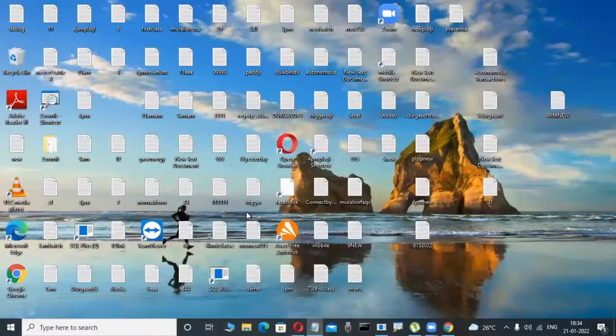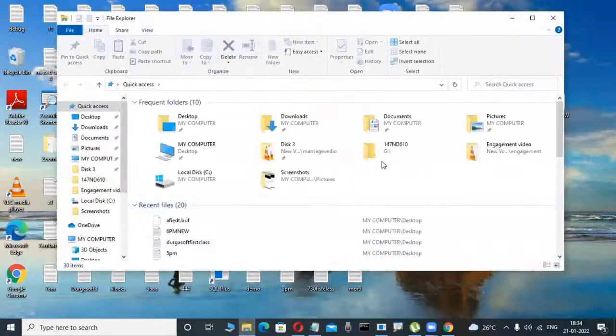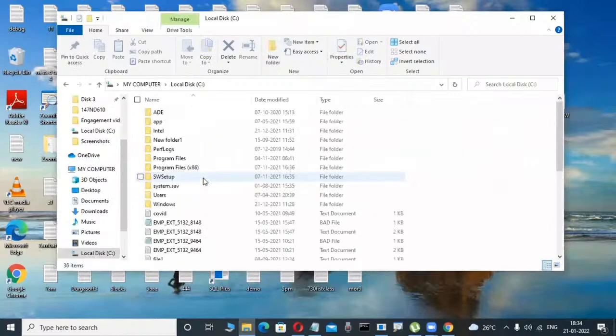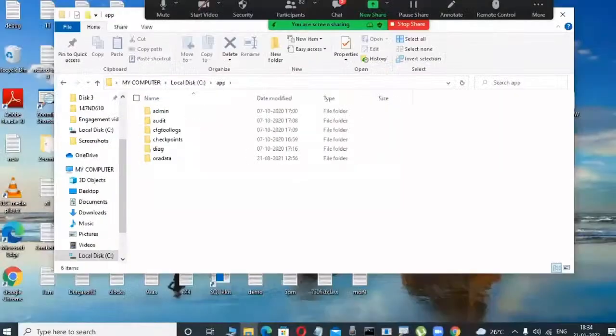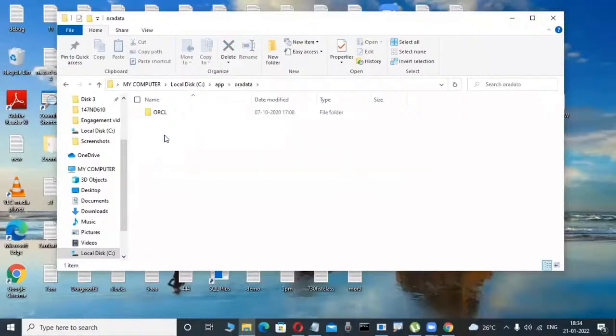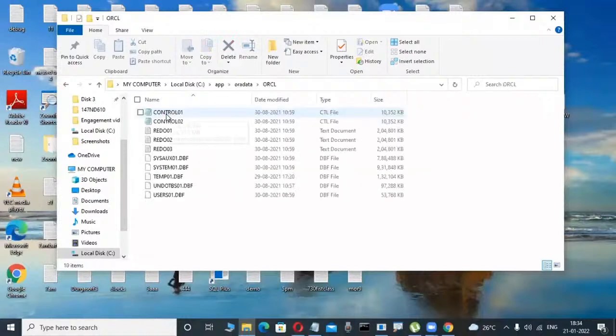Now I am interested to view whether this table is created or not in my operating system. Suppose a Windows operating system is there, where Oracle is installed. In that location, I try to view, for example, in C colon, D colon, where Oracle is there. Those are directories, folders: Oracle, Oradata, ORCL. I am observing only.